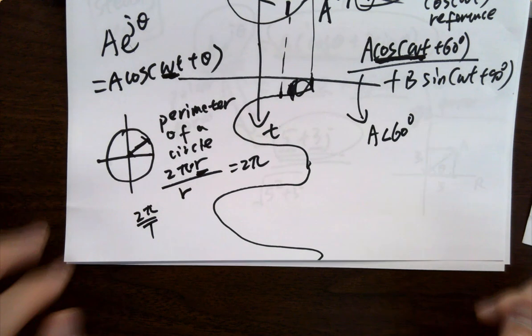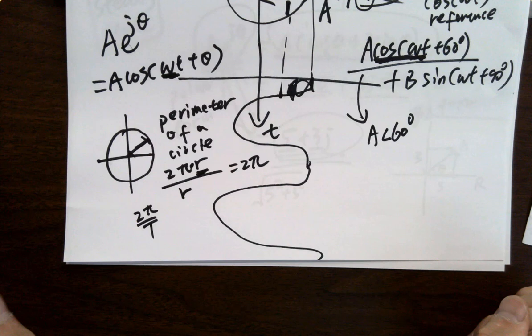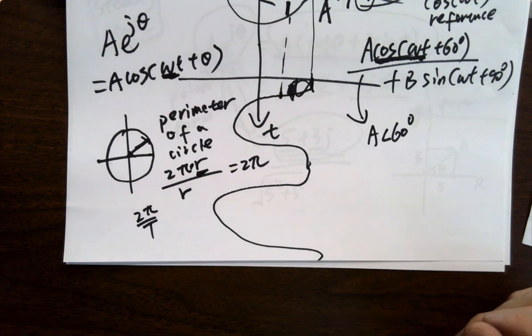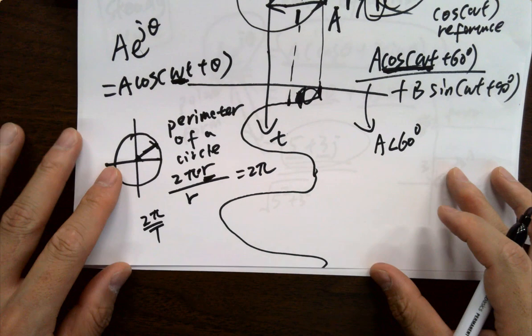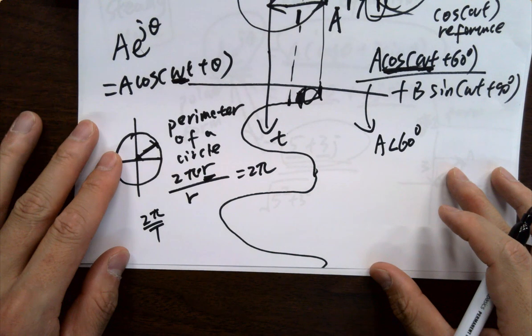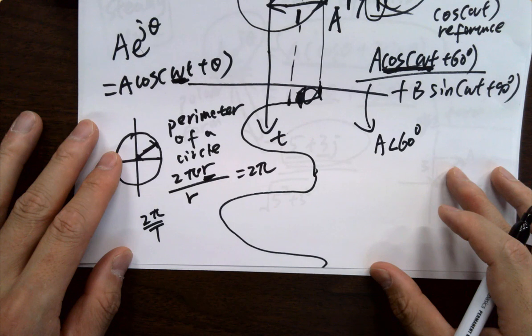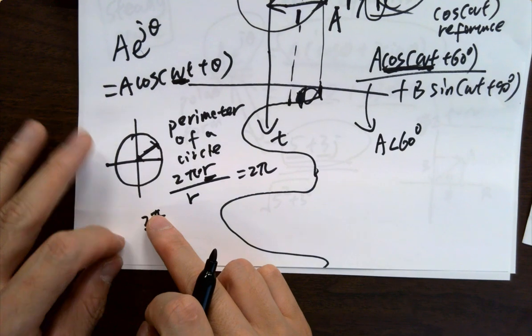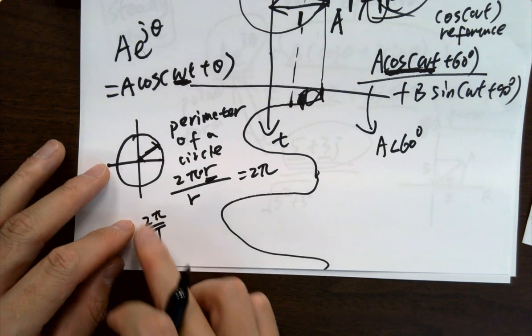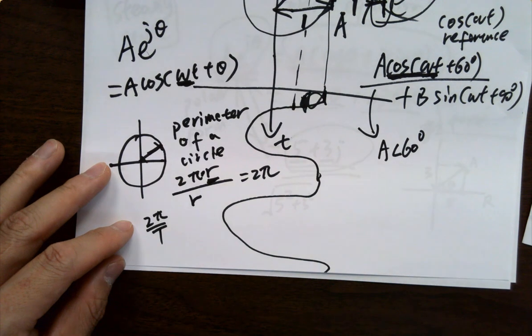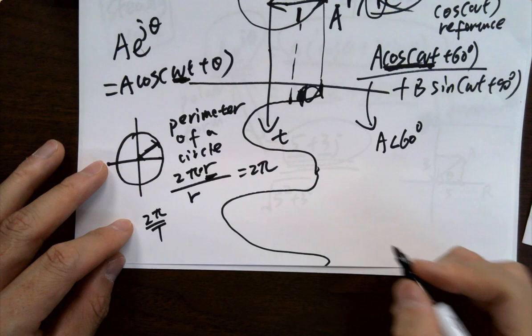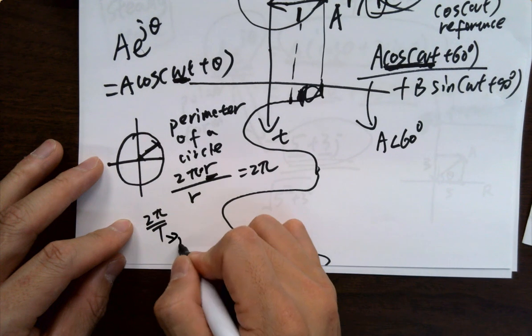How many radians per second is that? Let me see if that's correct. You have 2 pi radians, and to run through the 2 pi radians, it takes T. T is a period, yes.